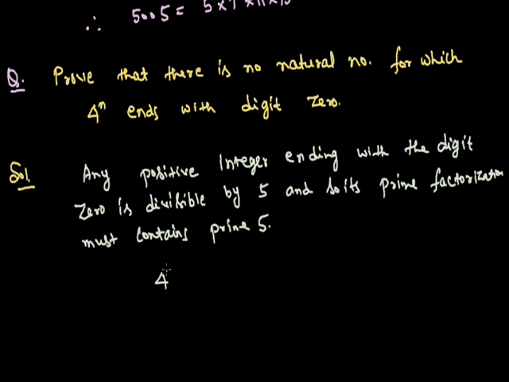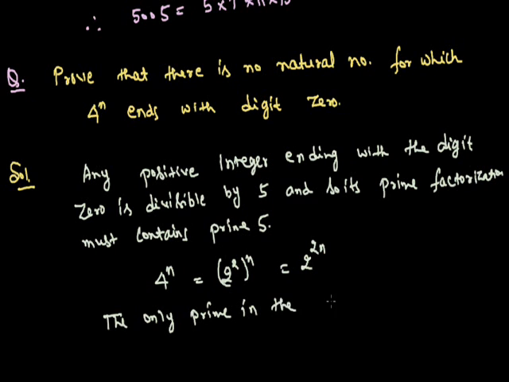Now 4 to the power n can be written as 2 to the power 2 multiplied by n, so 2 to the power 2n. So the only prime in the factorization of 4 to the power n is 2.